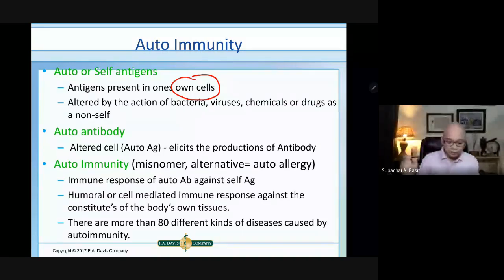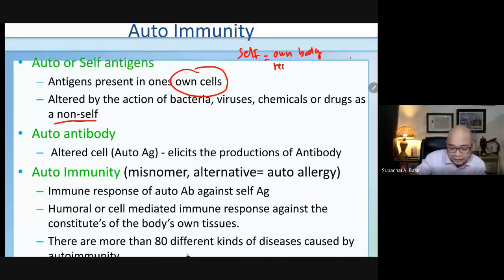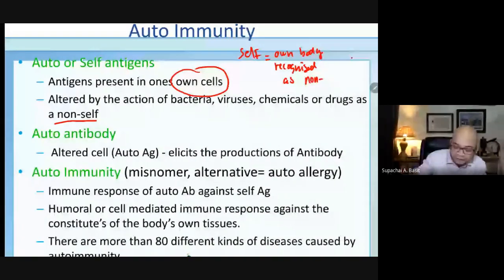So why is the term non-self important? Remember, when you say self, it is our own body, and it is recognized as non-foreign.